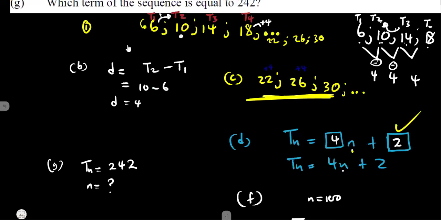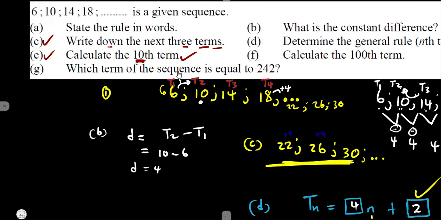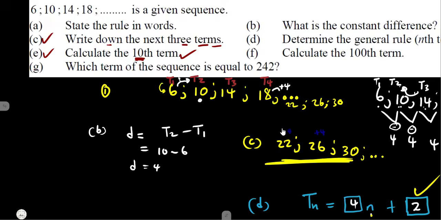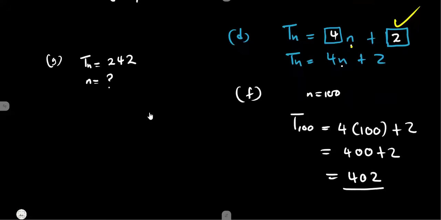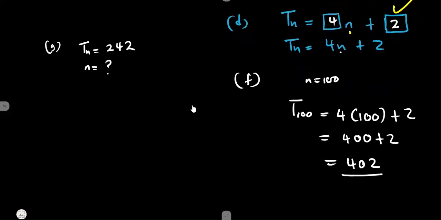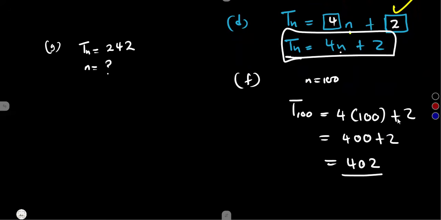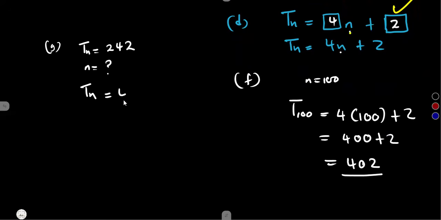So we are saying when Tn is 242, what is n, the position? Which term of the sequence is equal? We're talking about the position. So find n. Remember, you're saying Tn is 242, but the same Tn is 4n plus 2. So this time we equate them. They are equal, these two.